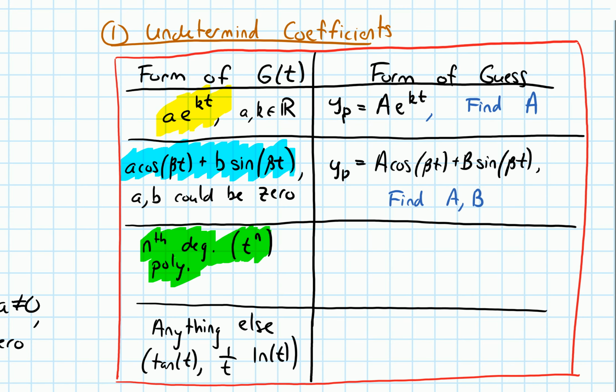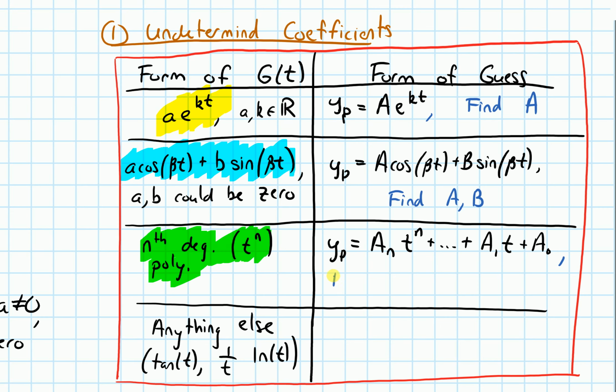And then if we have an nth degree polynomial, then our guess also needs to be an nth degree polynomial. So I'll write that as a sub n times t to the n, and then I keep going smaller and smaller until I get to a sub 1 times t plus a naught, where a naught is my constant term.